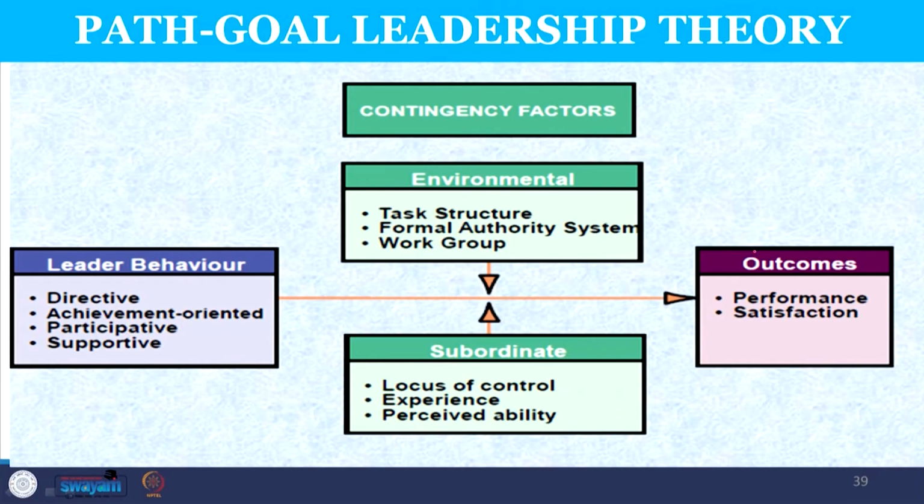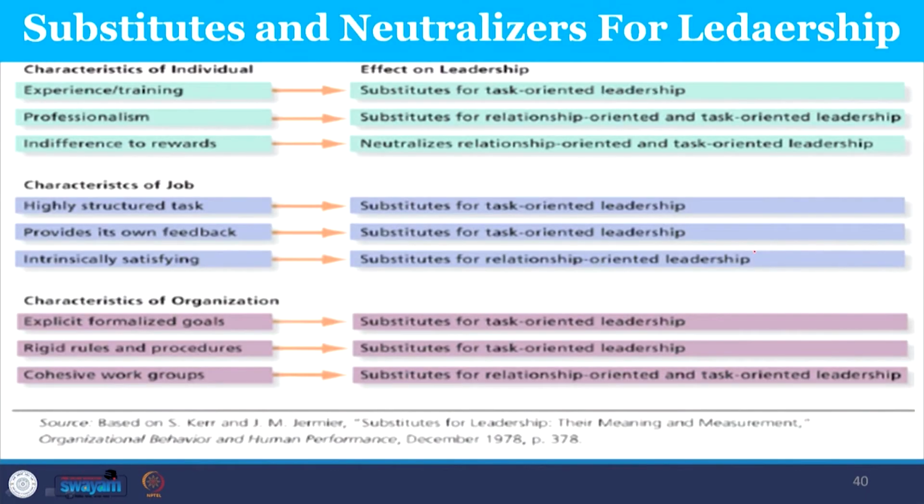Path goal theory of leadership emphasizes that leaders' behavior, that is directive, achievement oriented, participative and supportive, will be most effective in certain situations where there are environmental variables like task structure, well defined formal authority and systems, and the work group, and subordinate related variables like locus of control, experience and perceived ability of the subordinates, which are within the control of the leader. So, the outcome would be highly satisfying, and the performance would be very high.